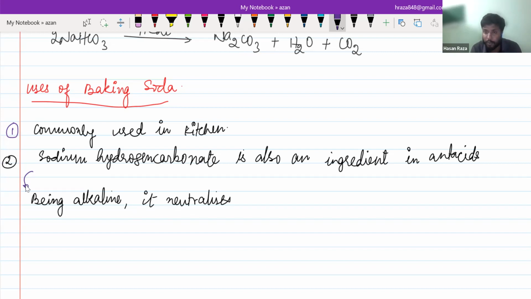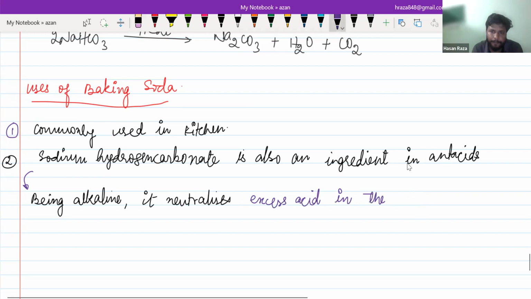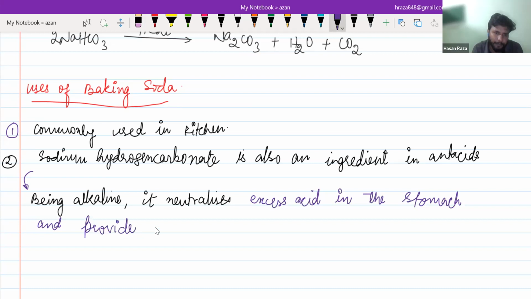Then we can use this sodium hydrogen carbonate to neutralize it. So being alkaline, it neutralizes excess acid in the stomach and provides relief.